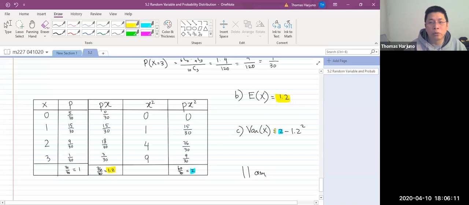The 1.2 comes from here. Okay, just like before, the variance of random variable, and every time we talk about variance, it has to be a positive number. 0.56.